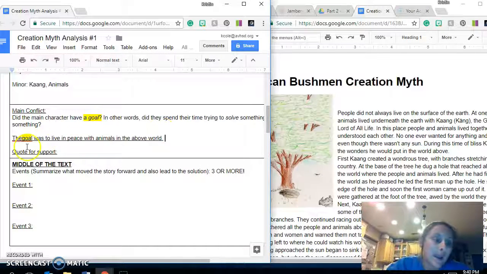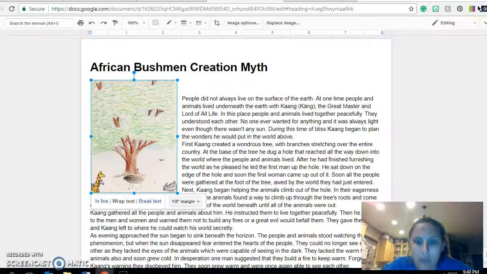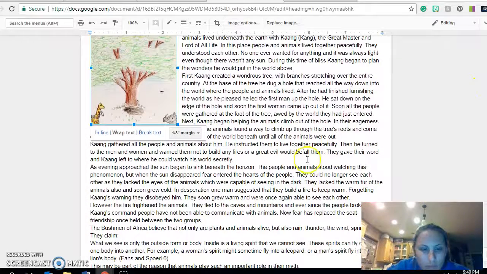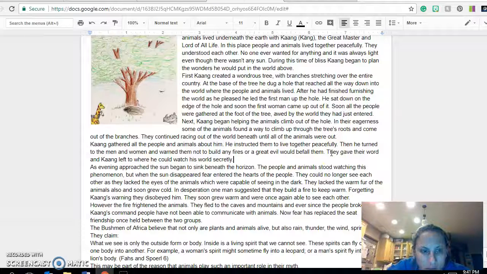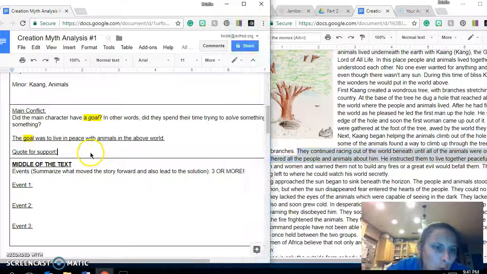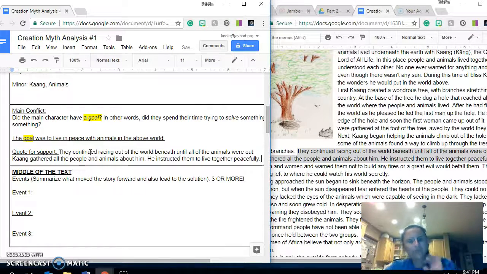And I'm going to come to my text and find a quote for support. It's always easier for me to make it bigger. So let's see. I'm going to use this quote right here to prove and to show the goal. Wonderful.